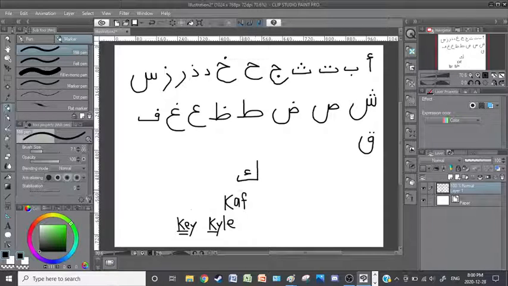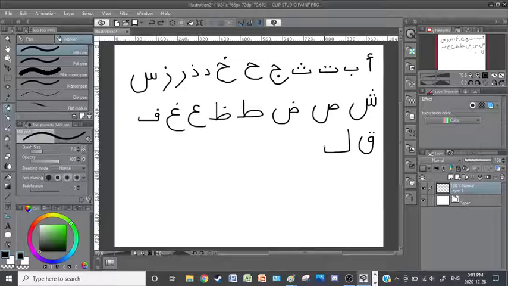And you can probably notice the similarities in articulation points between kaf and qaf. This is the heavy version of this. This is a heavy K. So we will write it here. And the hamza.